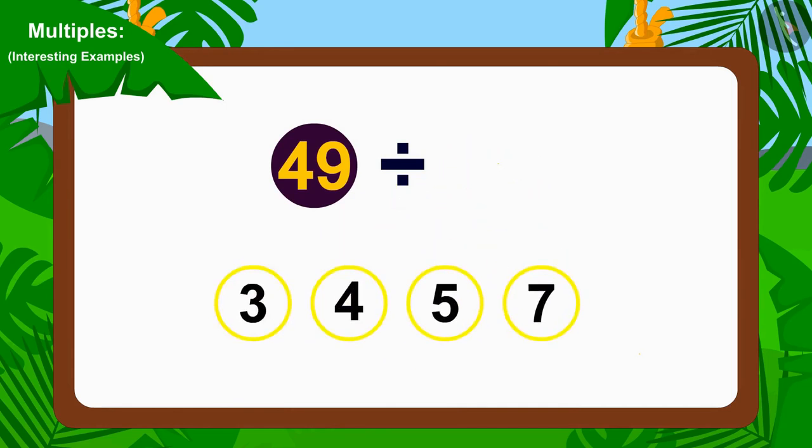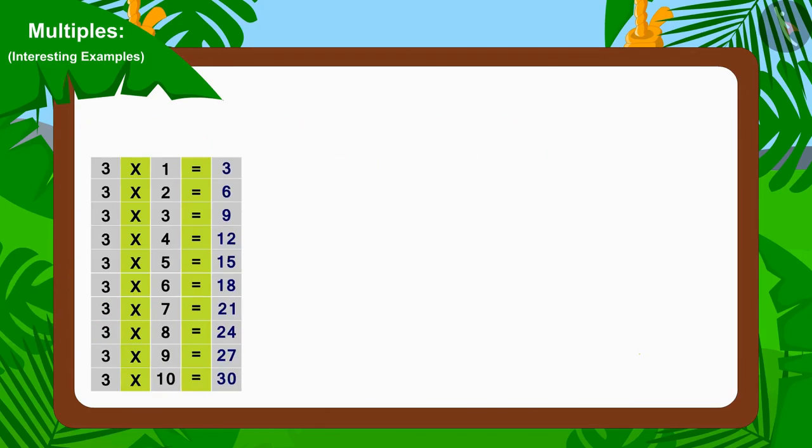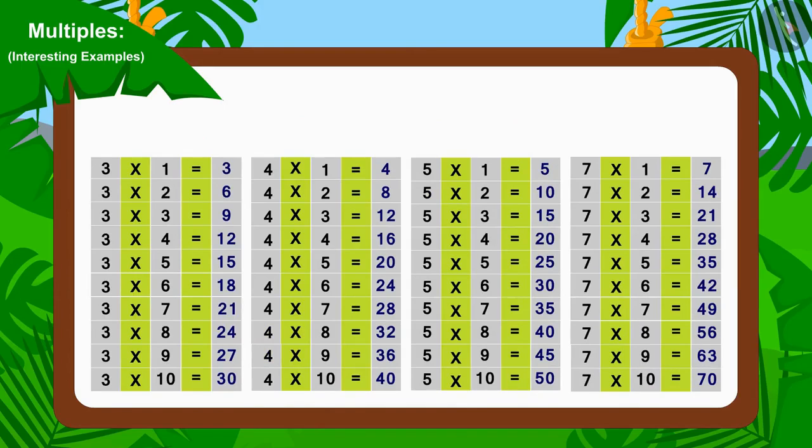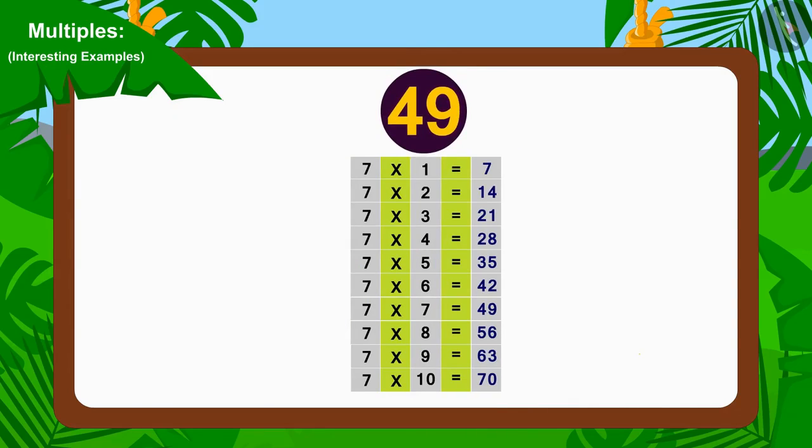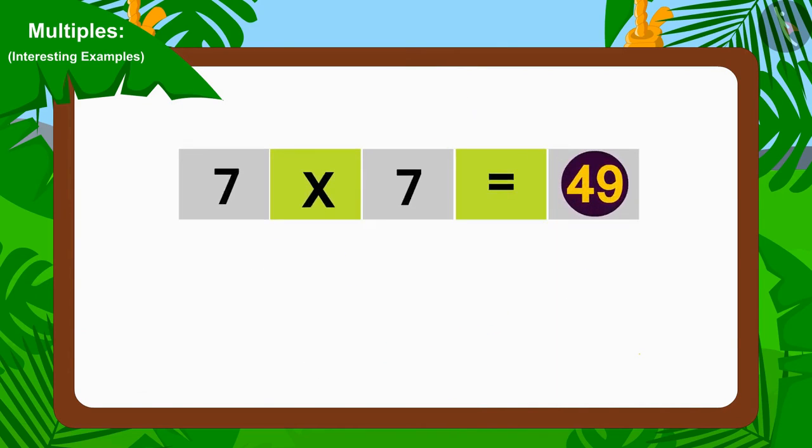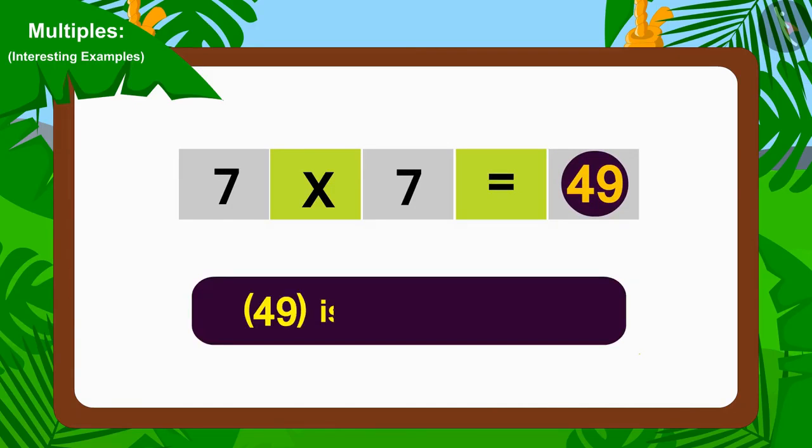If we look at the multiplication table of 3, 4, 5 and 7, we will find that the number 49 can be found in the multiplication table of 7 only. So, we can say that 49 is a multiple of 7.